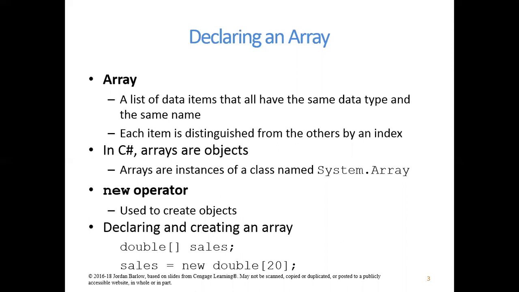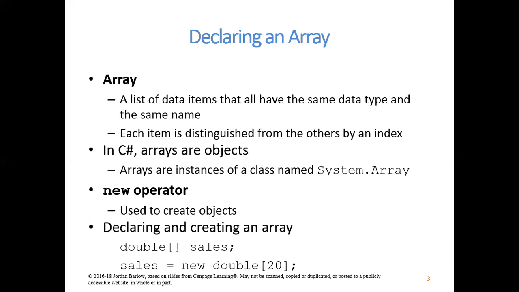And anytime that you create an object in C#, you have to use the new keyword. So you have to not only declare an array, but also create it using the new keyword. You can see the example on the slide. You declare it by stating the data type, followed by opening and closing square brackets, and then you give a name to your array.